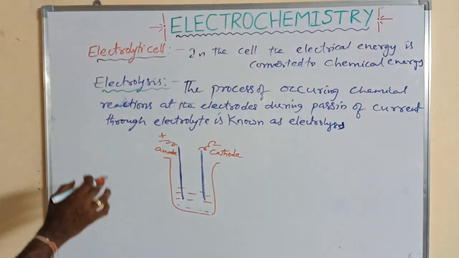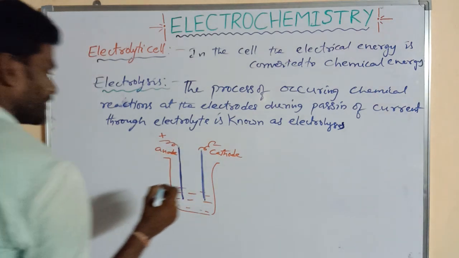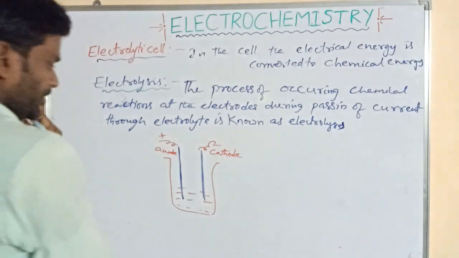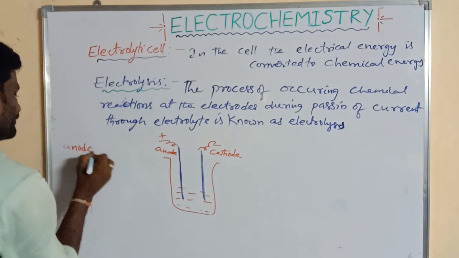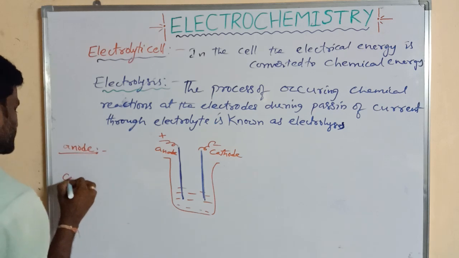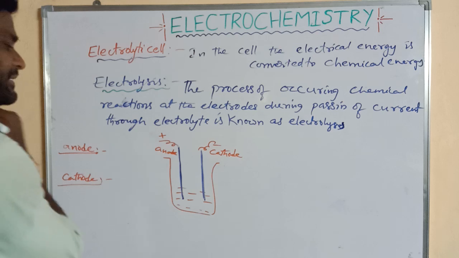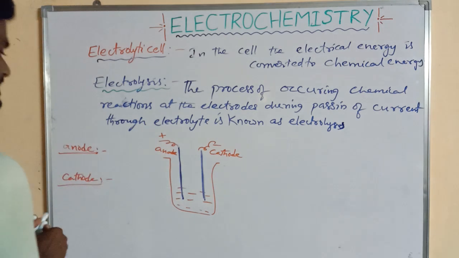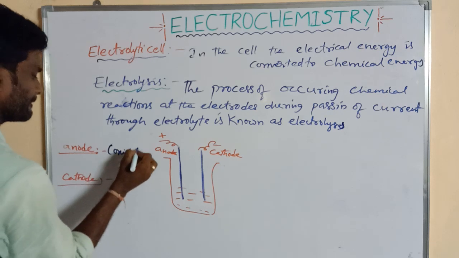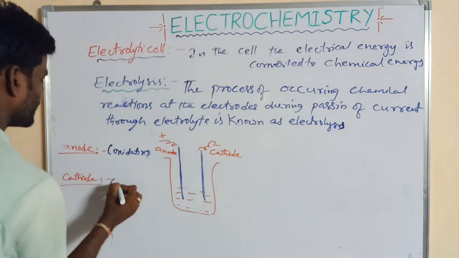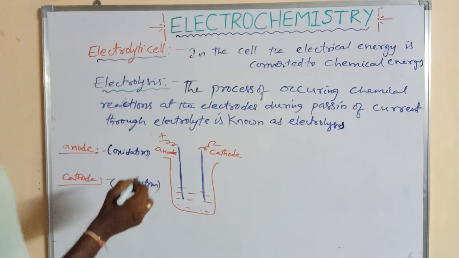Which type of chemical reactions occur in this electrolysis? At anode oxidation takes place. At cathode reduction takes place.